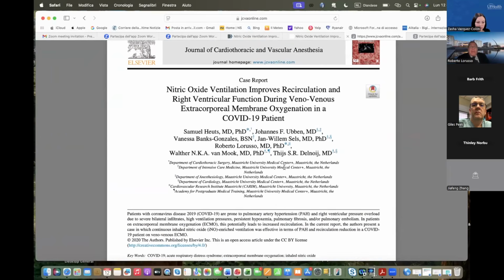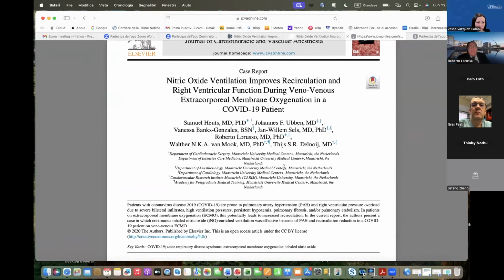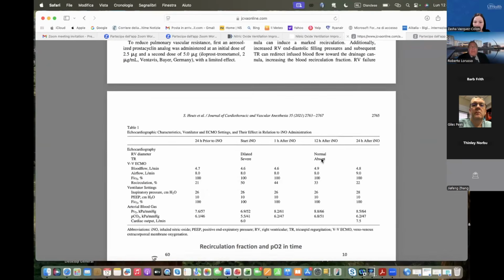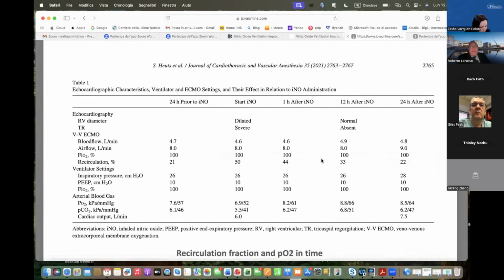So in this patient, a COVID-19 patient, we had a very bad pulmonary situation. As you can clearly see, he developed right ventricular dysfunction and, of course, desaturation. Here you can see the right ventricular diameter dilated, with severe tricuspid insufficiency.